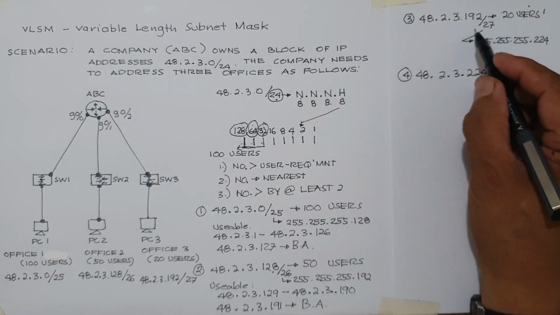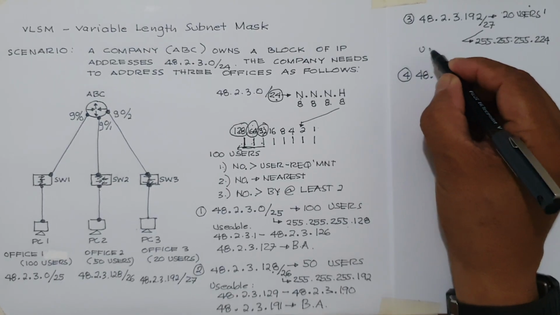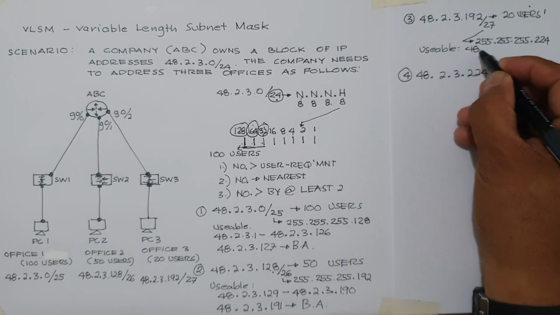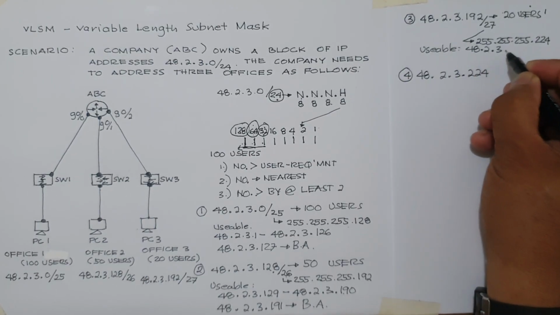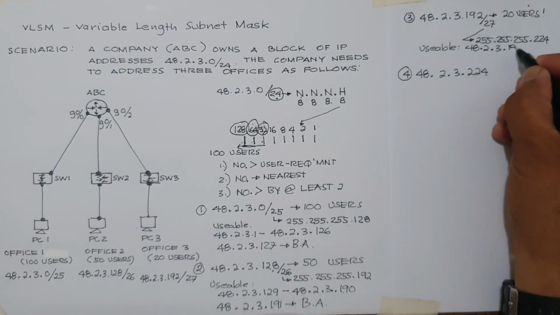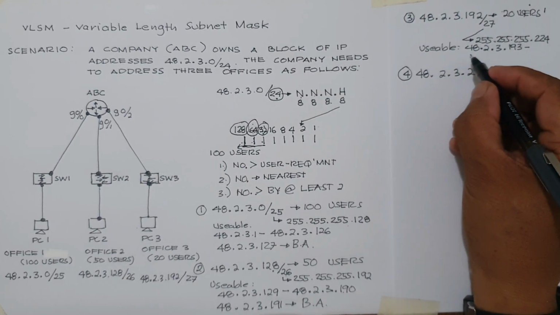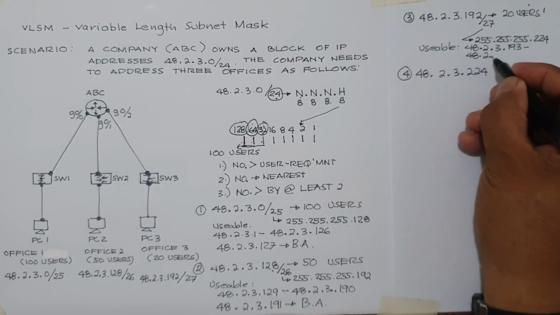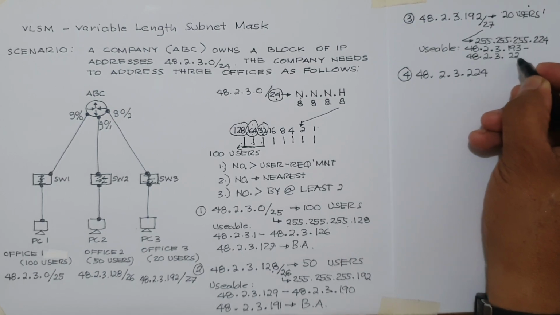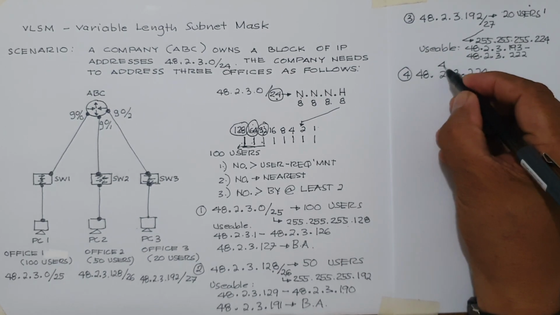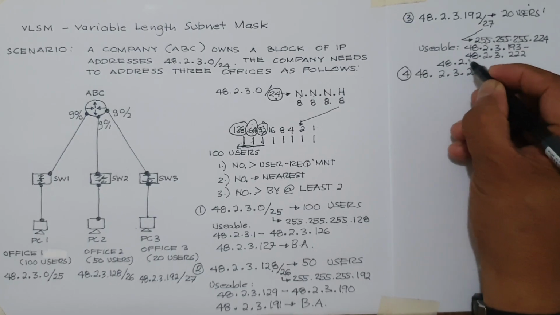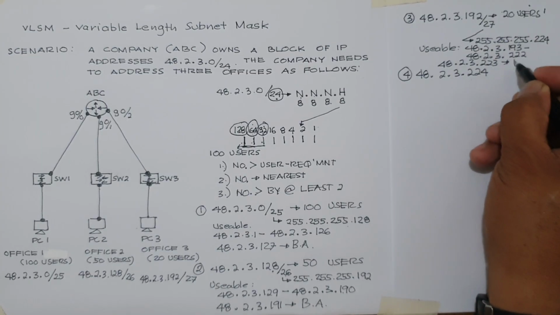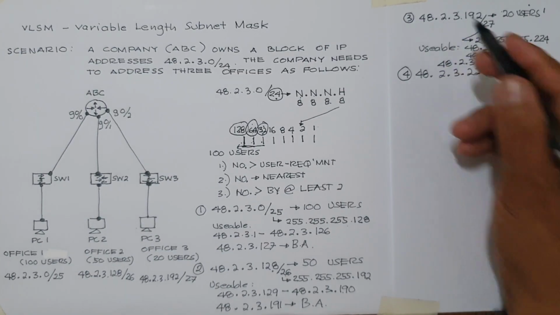And lastly, for the third subnet, the usable would be from 48.2.3.193 up to the second to the last before 224, 48.2.3.222, because the last IP, 48.2.3.223, is the broadcast address of this subnet.